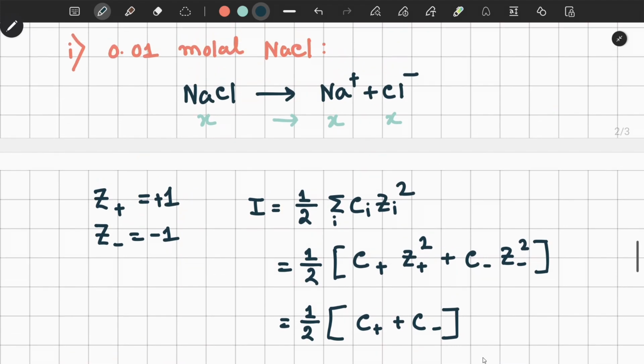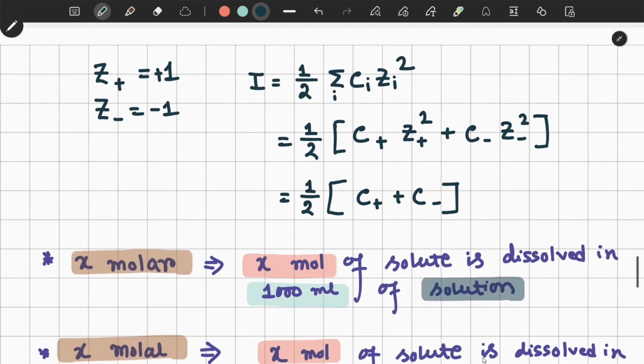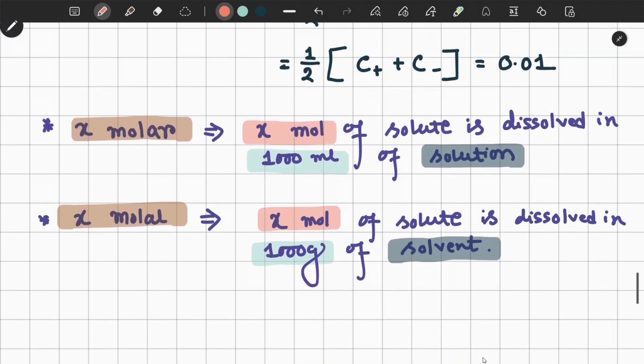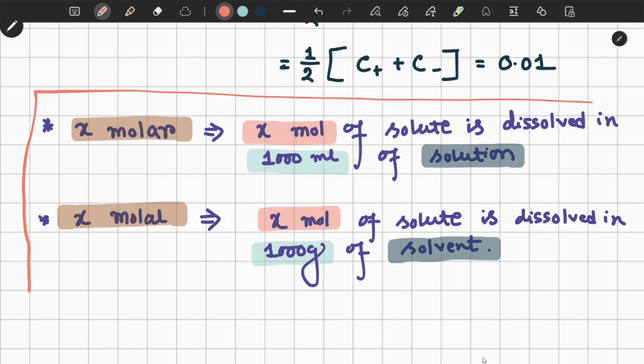So what is the X? X is 0.01. So C plus will also be 0.01 and C minus will also be 0.01. If you put it in, then I will be 0.01. Okay, is it clear? Just check it.